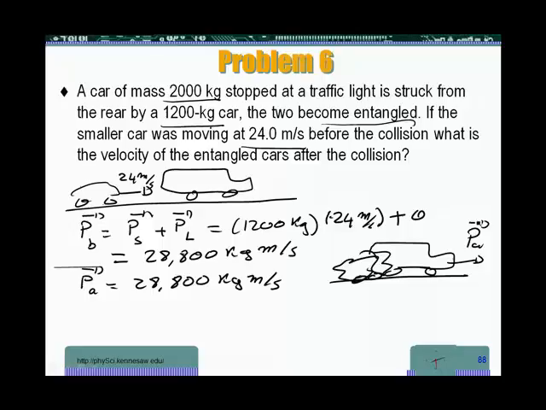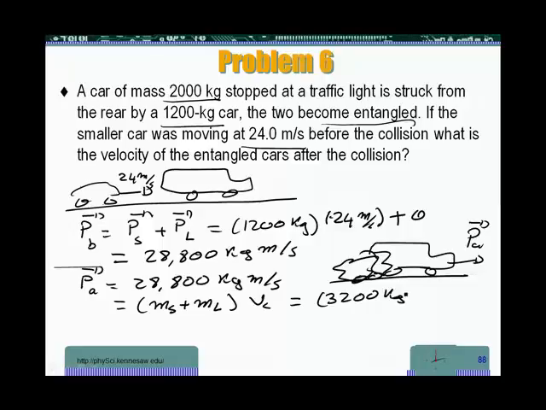Now the question is, what is the velocity of the cars after the entanglement? We know the momentum after, and the momentum after should be their combined mass, which is the mass of the small car plus the mass of the large car, times their combined velocity, the VC that we are trying to find.